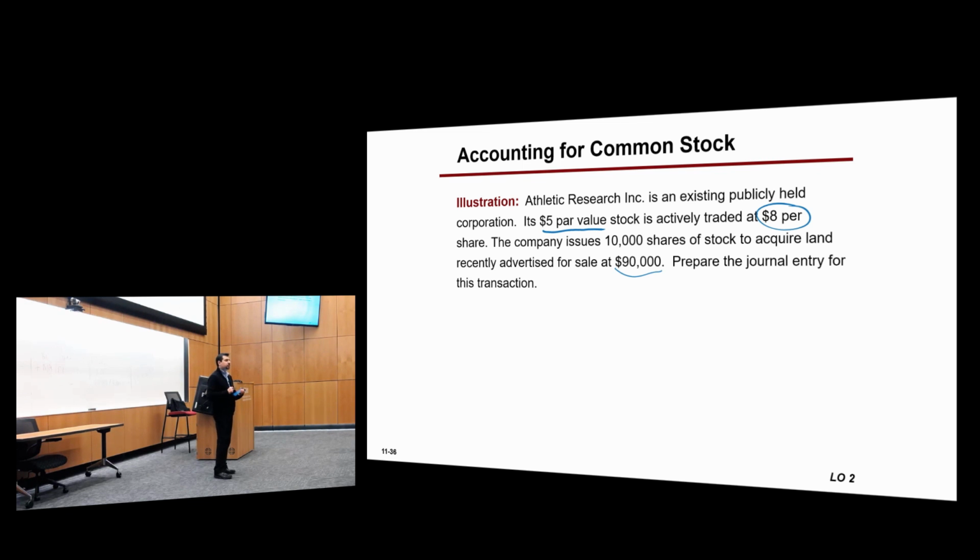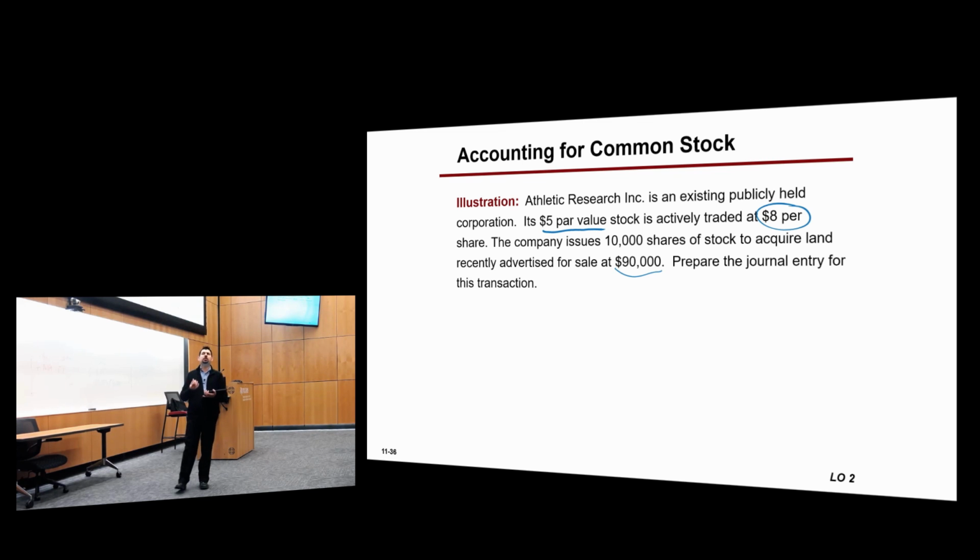Whereas the 90,000 is an estimation of the value of land. Remember, when you try to buy a house or land or anything like that, there must be an appraisal, right? It's advertised at $90,000. Basically, the appraisal was more or less $90,000. The appraisal is not the exact value.